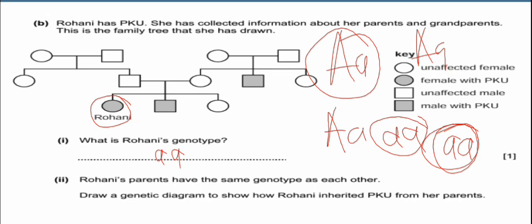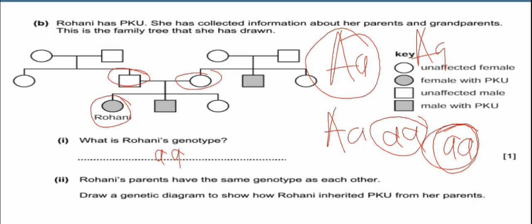Now, the question is saying, draw a genetic diagram to show how Rohan inherited PKU from her parents. Okay, so let me just use this space here. As you can see here, both of the parents here, they are not affected, okay? They are not having PKU.